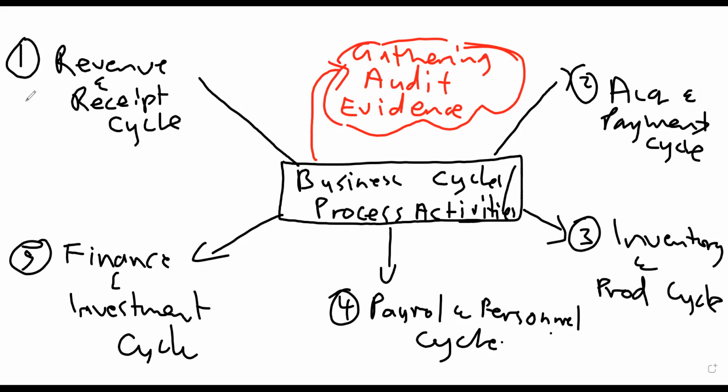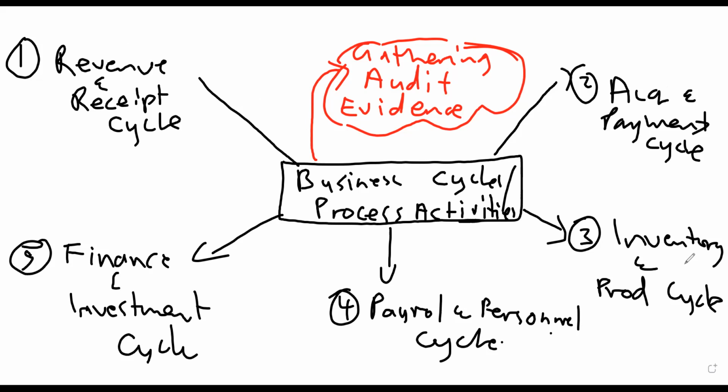So if they are selling something, definitely there is a revenue and receipt cycle or process activity that they are following. If they are buying something, perhaps for resale, then there is an acquisitions and payment business cycle which they are following. But if it's a business in the manufacturing sector, they would follow the inventory and production cycle, which is what I'm going to discuss with you today.